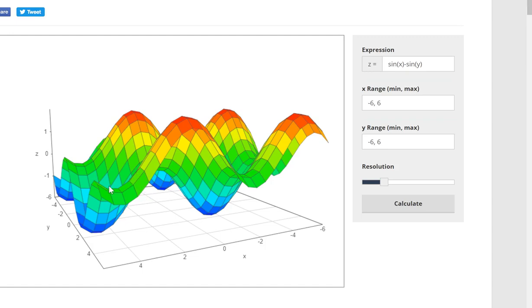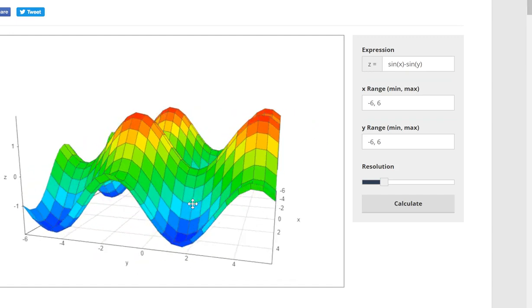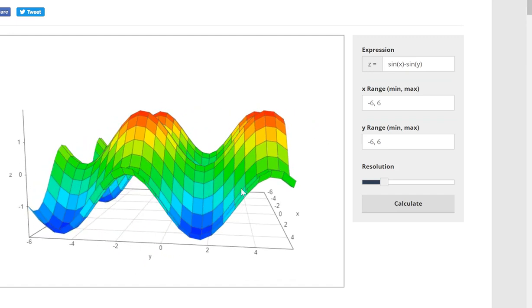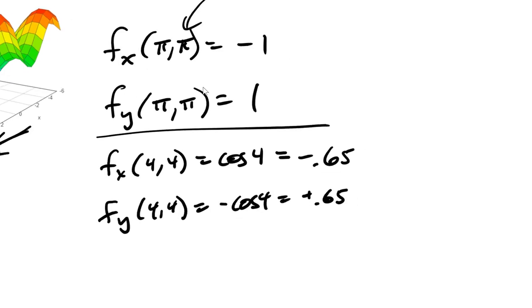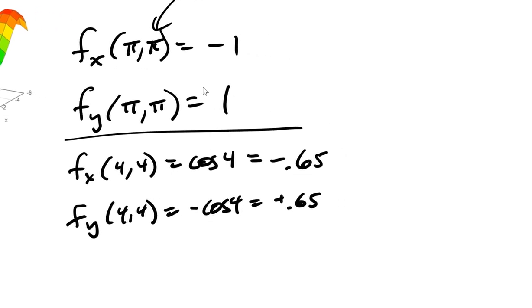If you're going in the strict x direction right around 4, 4, it's going down, and in the y direction, I can't really tell. Yeah, it's going up, and that's what we found. Now this is 4 radians, which is a little more than pi, so you get negative for x and positive for y. Anyway, so that's how you do it.